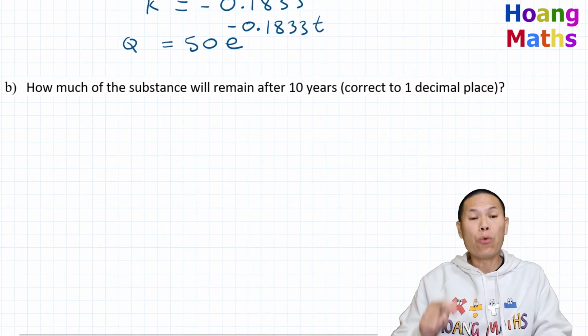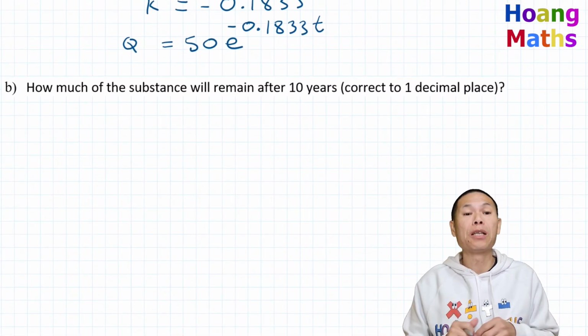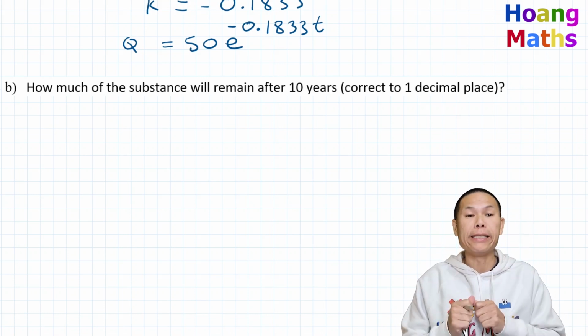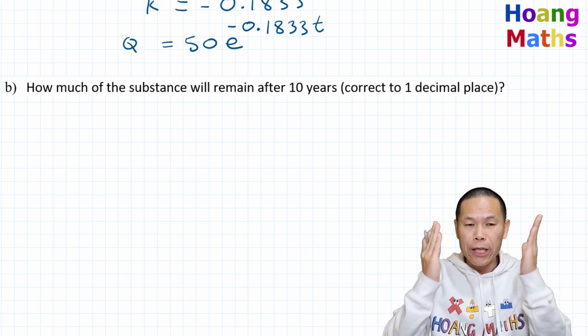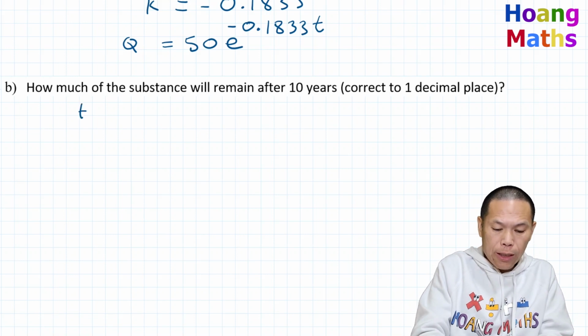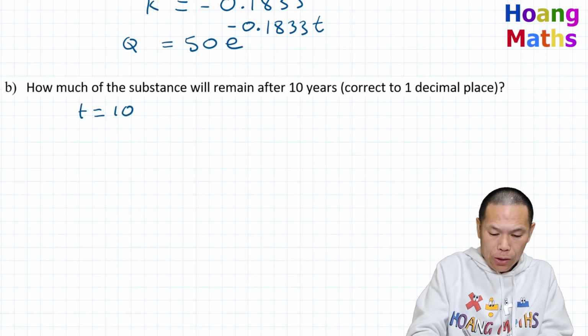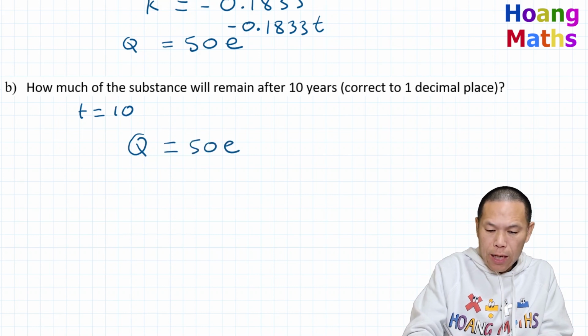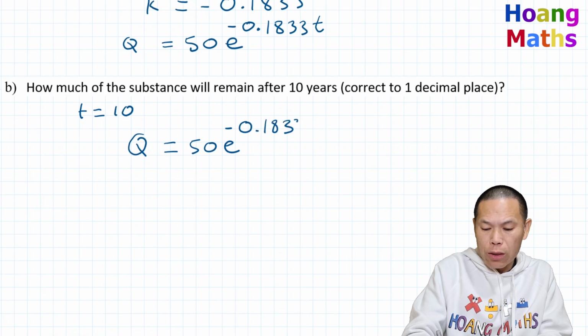Part B. We need to find the amount of substance remaining after 10 years. In other words, we need to find Q when t is equal to 10. So Q is 50 e to the negative 0.1833 times 10.